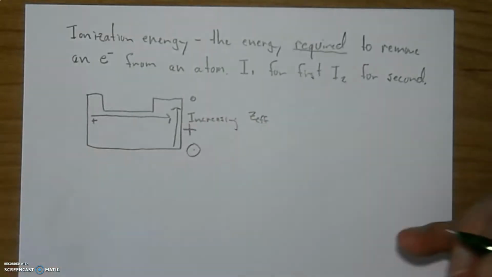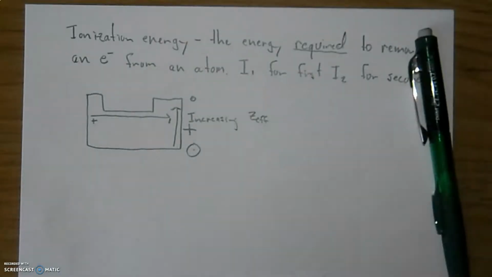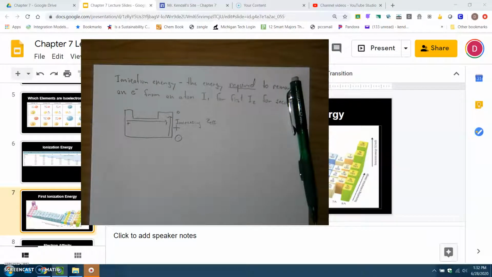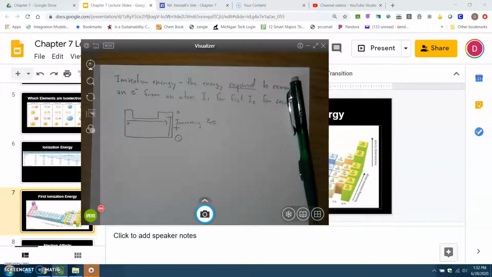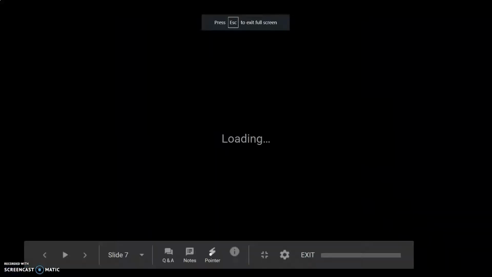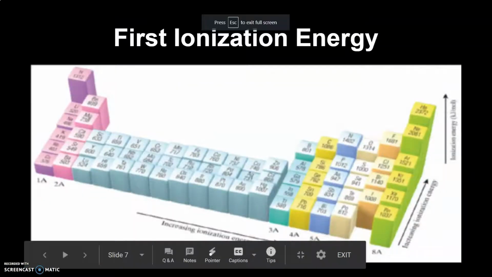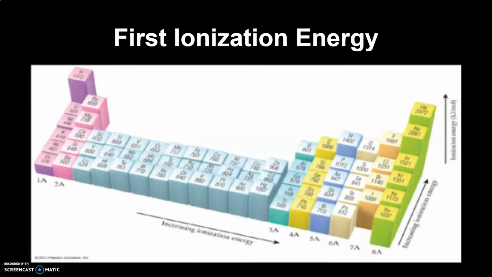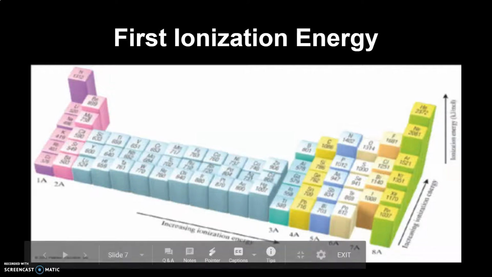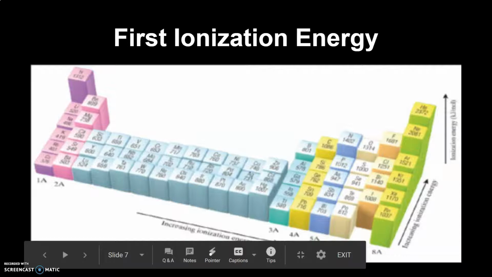Okay, let me bounce over to a slide. And this gets a little bit complicated. We're going to focus on lithium, beryllium, and then boron on through here. And notice what you would see, based on what we were just talking about, ionization energy should increase going across. And it says that specifically right there.